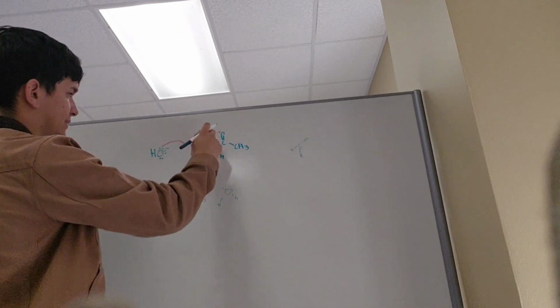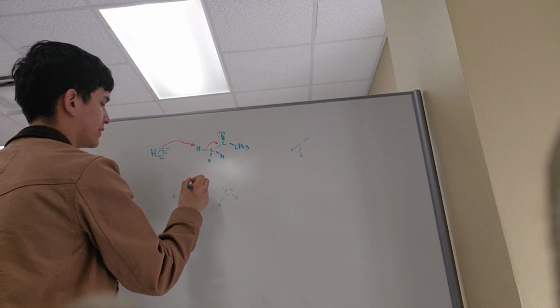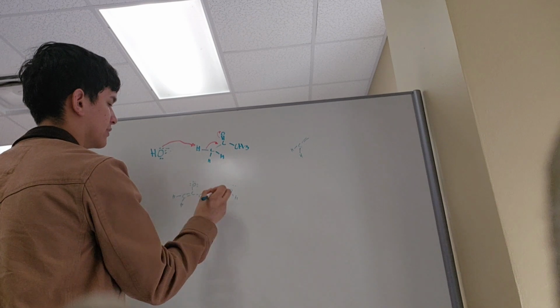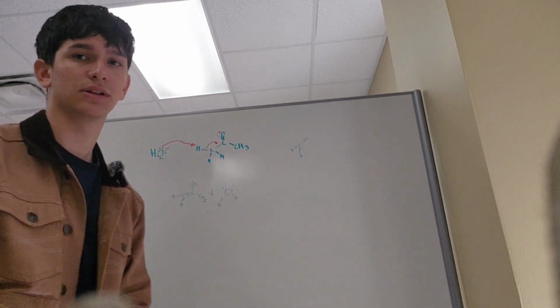So what's this arrow telling us? It's telling us that a bond is breaking, and we want to have an anion. So that's going to be our product for this one.